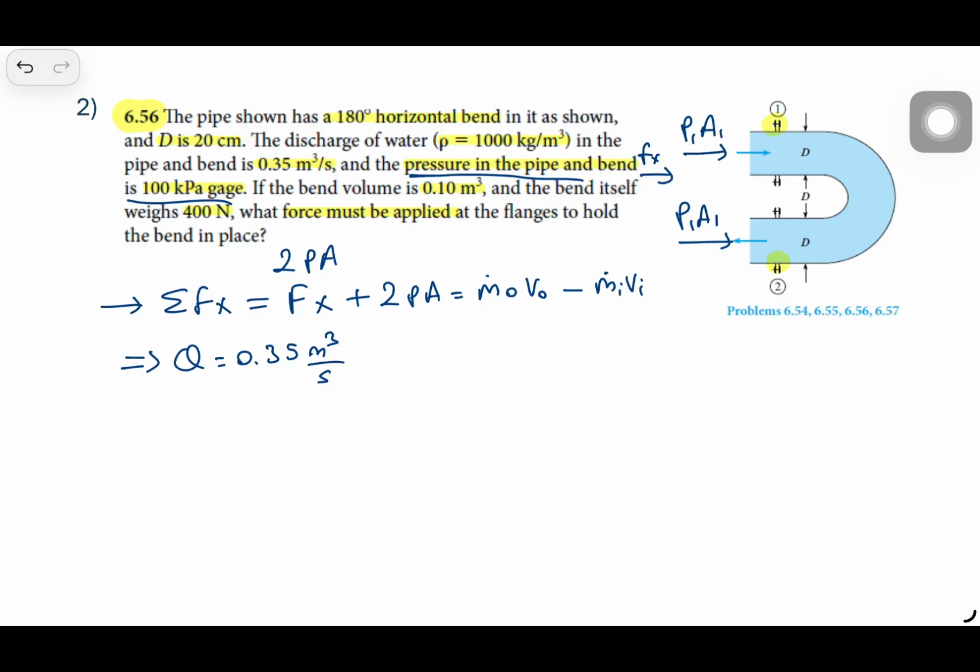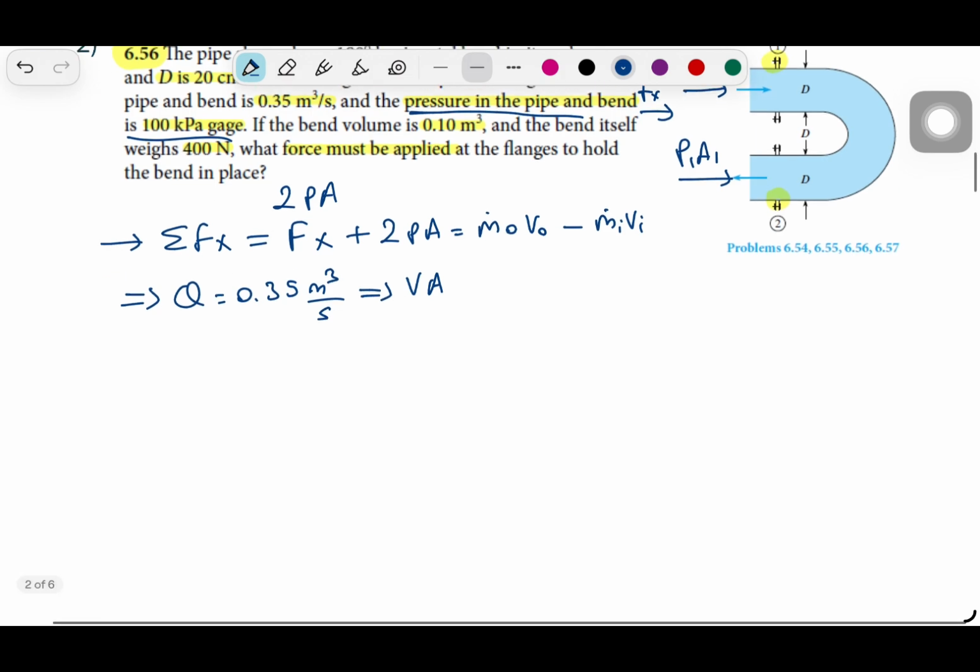And this is because the continuity equation, and also we have the same size here. So the velocities will be also same, because the flow rate is equal to velocity times area. Since we will have same area, we will have the same velocity for in and out.